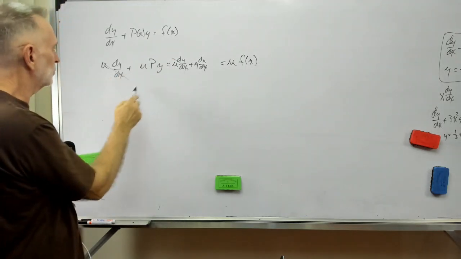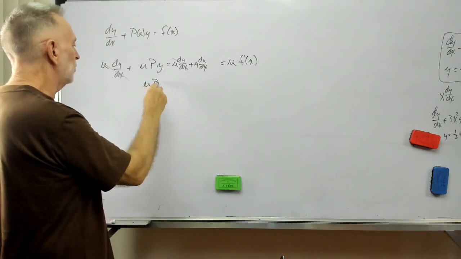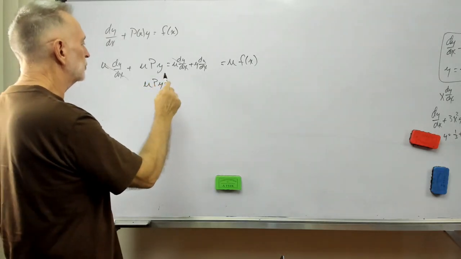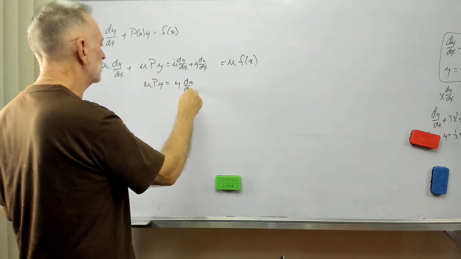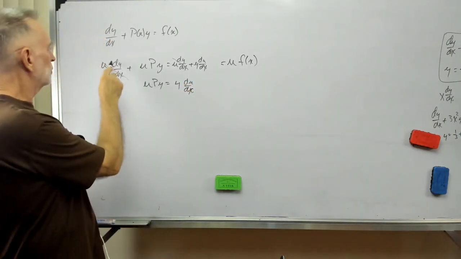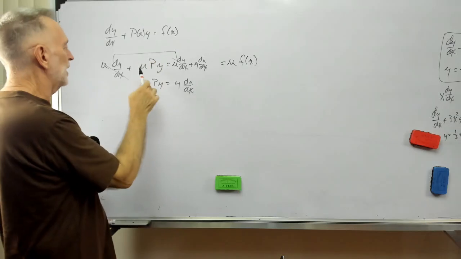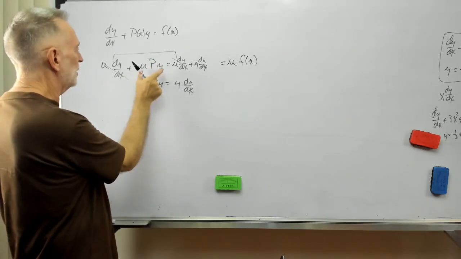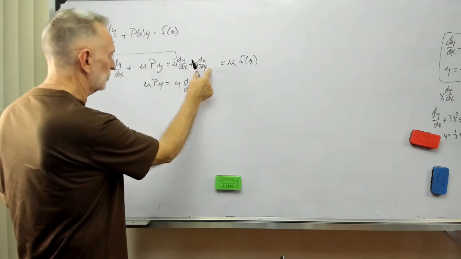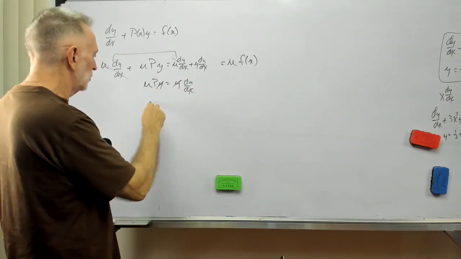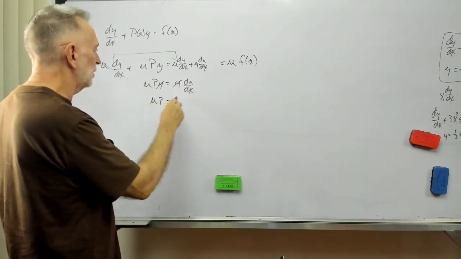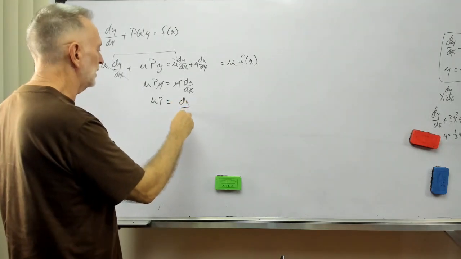Let's cancel those out. So u p y equals y du/dx. Since these are the same, for this equation to be equal, this has to be equal to that. I can divide out the y.